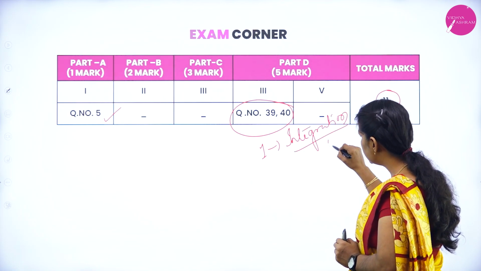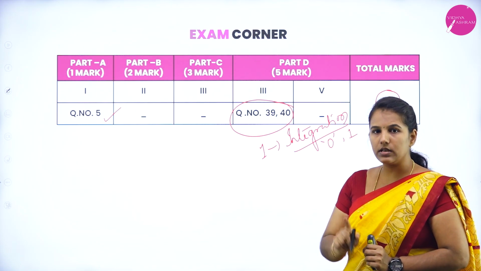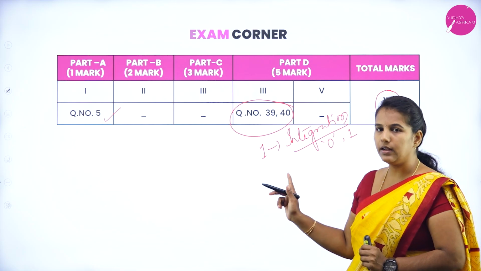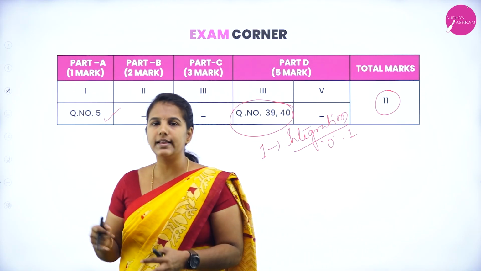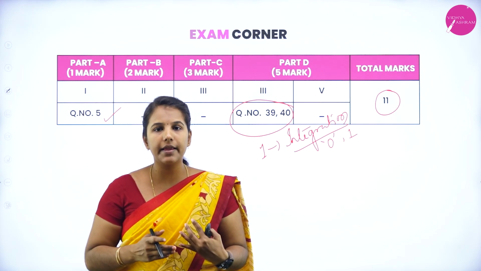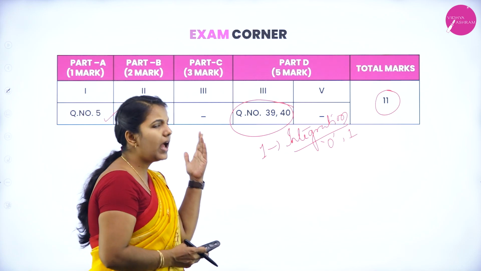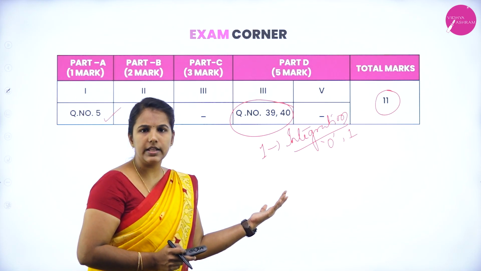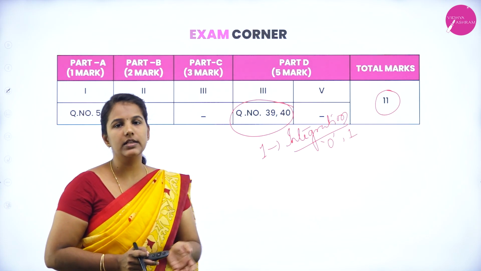Integration of what? Zero order or first order. And also we can expect one numerical in this part, and also the differences between the order and the molecularity of the reaction, or any theories, the mechanism, or the half-life period, which is another important part that can be asked as a 3-mark question in this unit.